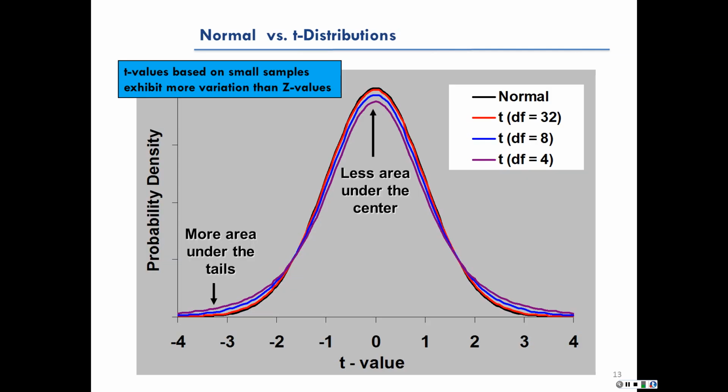And so here's an exhibit where you can see how it looks. The normal distribution is in black, and as the sample size decreases, you go down to red, to blue, to purple, you can see that you're seeing on the t-distribution less and less area under the center and more under the tails. But the t-distribution really is very similar to the normal z distribution.